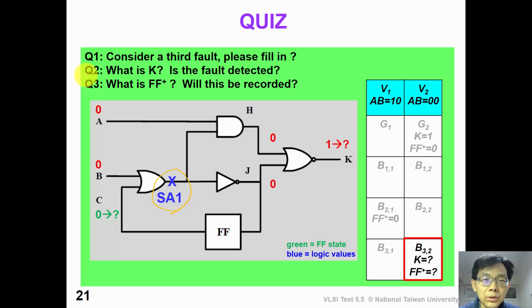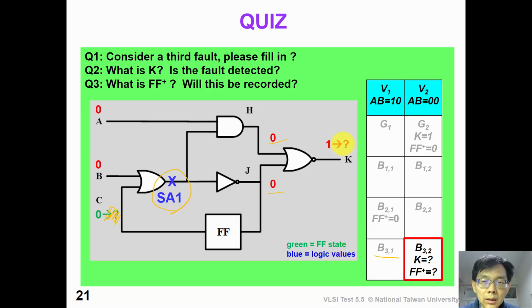Okay, have you finished? From the circuit B31, we know that there is no flip-flop change. So the value of C remains 0, and there is no new event here. And this is stuck at 1, so it does not change.